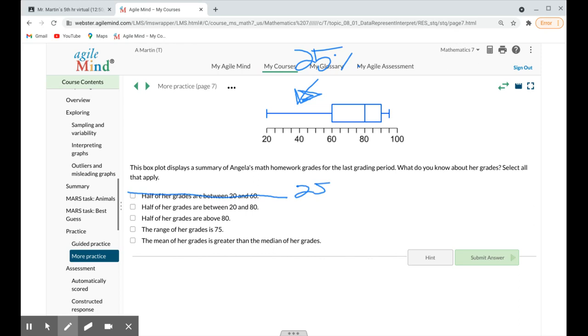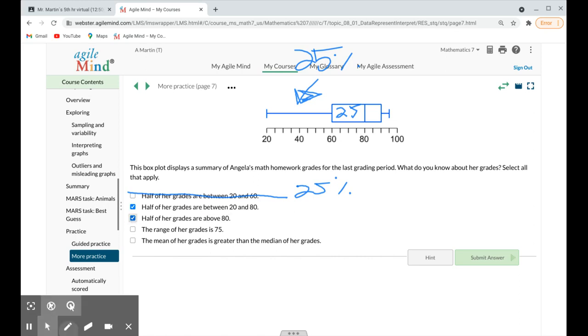If it would have said 25, it would have been right. Half of her grades are between 20 and 80. True. That is true because this is another 25, and 25% plus 25% is 50%. Good. Half of her grades are above 80. Do y'all agree with that statement?